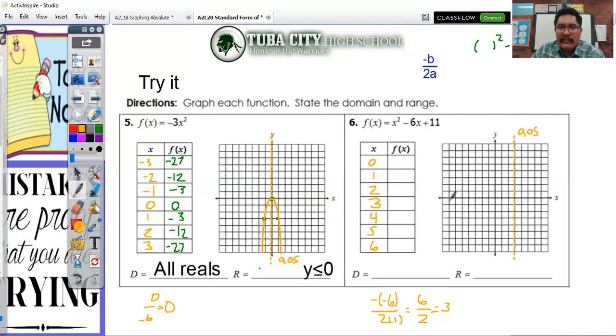Now I'm going to go ahead and drop in my numbers, so 0 and 0, and evaluate it. Okay, this one's going to be an easy one because 0 squared is 0, and negative 6 times 0, well, anything times 0 is going to be 0. So we're going to get 11 for my first number here.